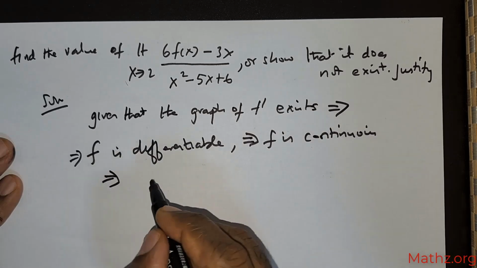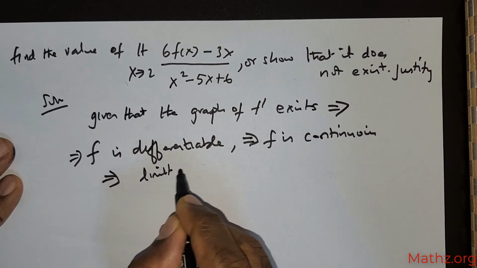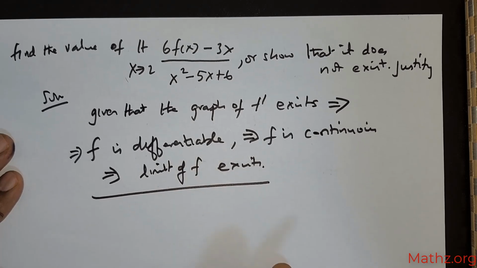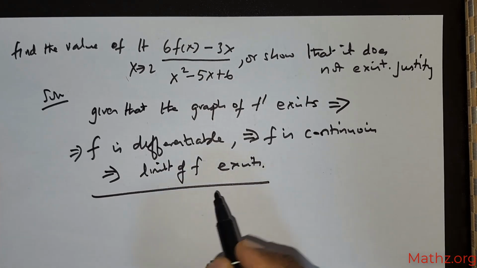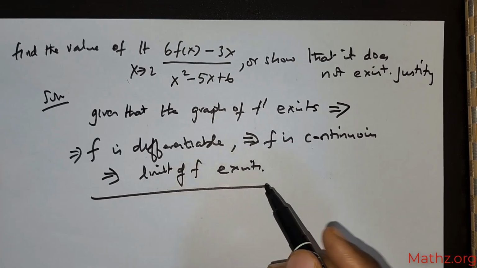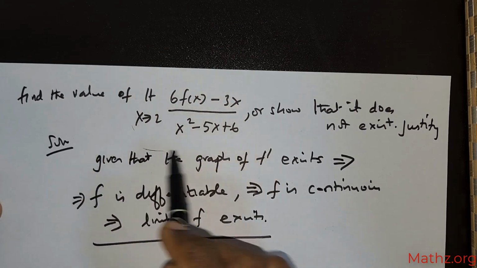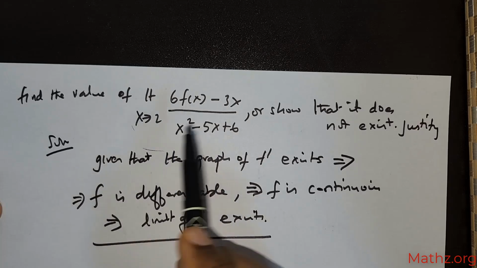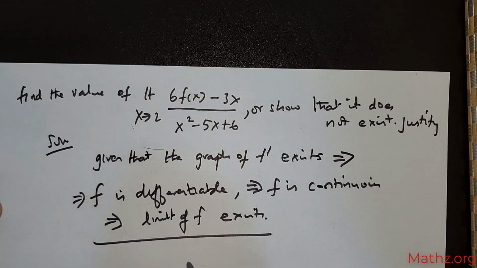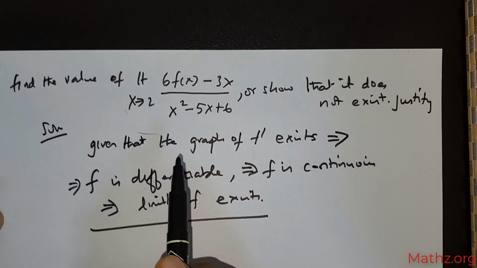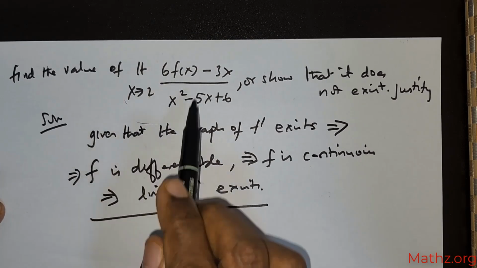Now this in turn would mean the limit of f exists. That's the first point that you will have to mention, because if the limit of f does not exist, there is no point in proceeding in evaluating this. So we will have to suitably justify for the other case. But in this case, the justification is we would be heading to find the limit.